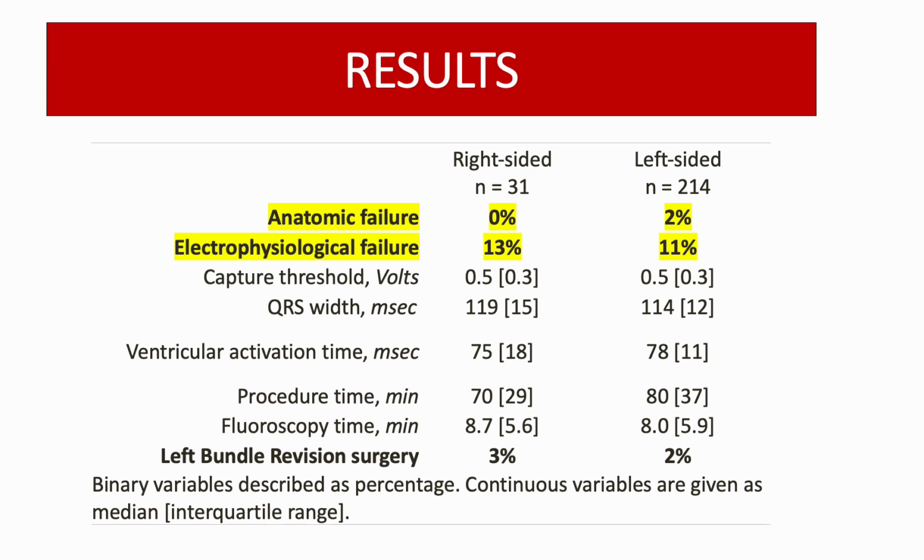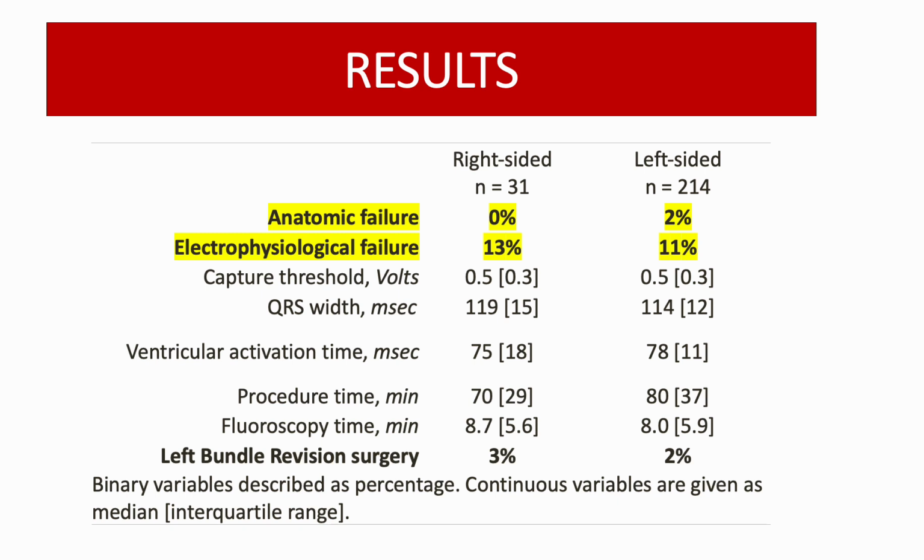Overall, the right-sided and left-sided approaches resulted in very similar outcomes. The anatomic failure was rare for both groups, and electrophysiological failure was comparable between the two groups and low, which meant that left bundle area pacing was successful for a majority of the study cohort. When you look at the procedural and pacing characteristics down below, you can see that they are also very similar.